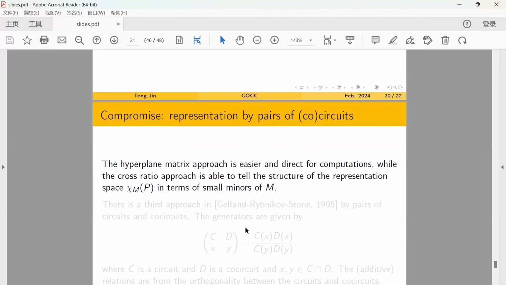While the second approach, the cross-ratio approach, tells us more about the structure of the representations. And actually it tells that if your matroid, for instance, has no U2 minor, so it has no generators at all, then the representation space or the foundation is either the regular partial field or a quotient of the regular partial field.